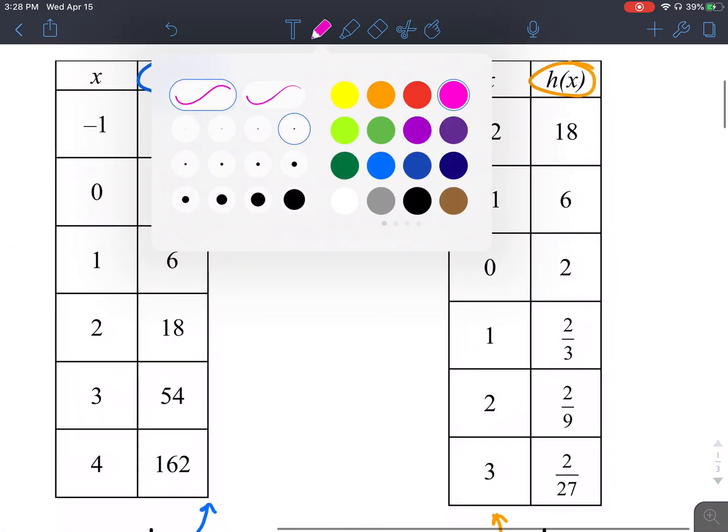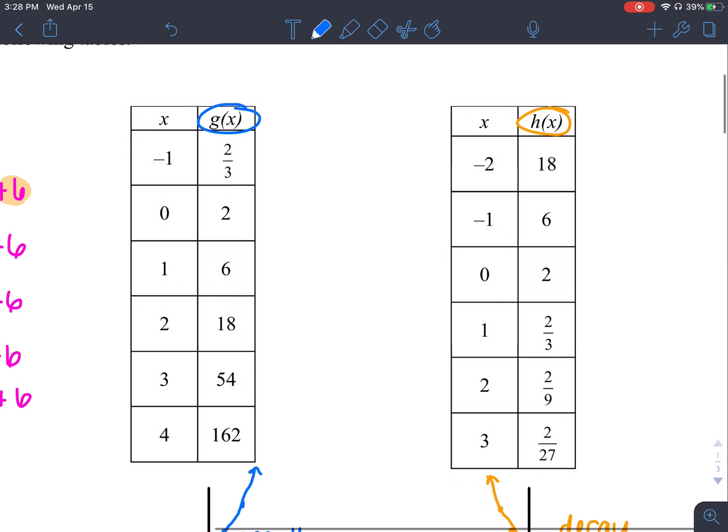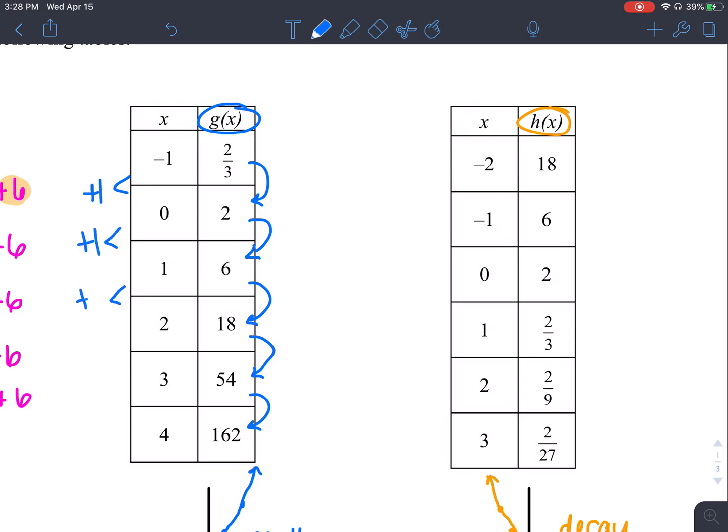Now I want to make sure that this one is exponential. Back when we graphed exponentials, we know that each time you're multiplying by the exact same number. This is each time going up by 1, by 1, so we've got that consistency there.